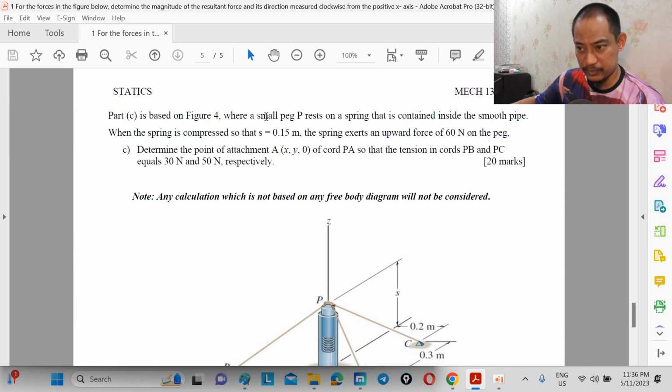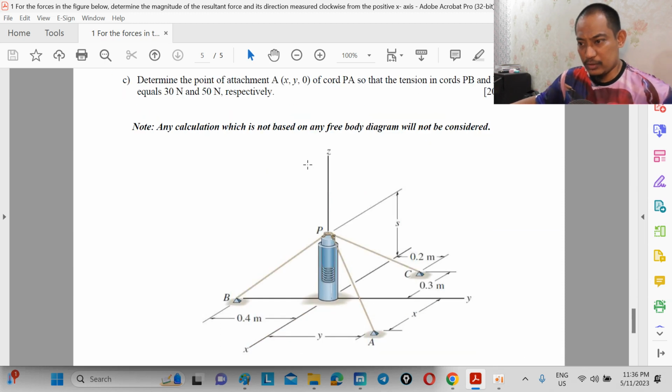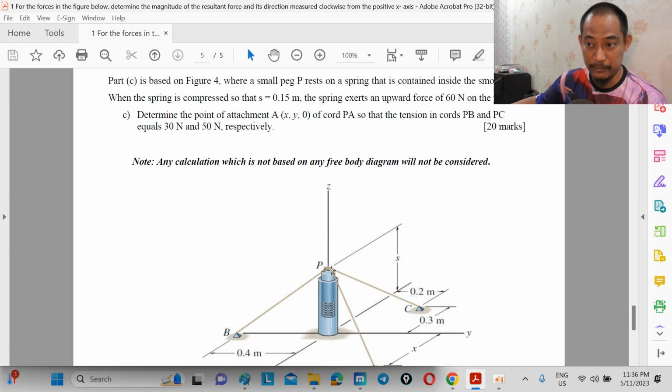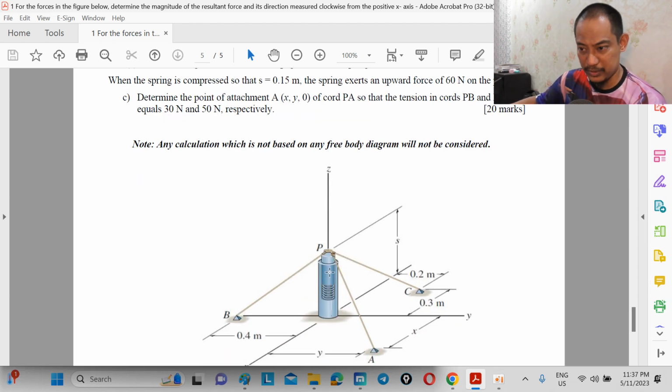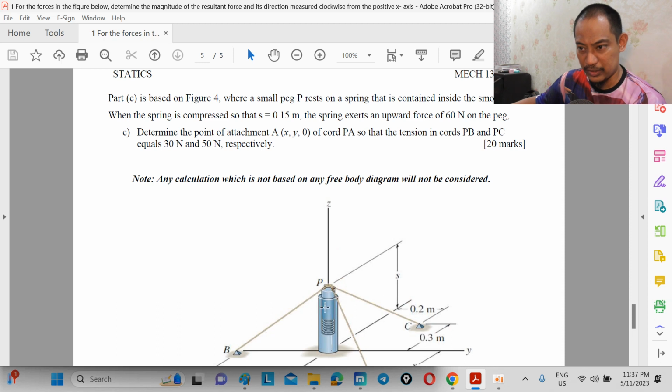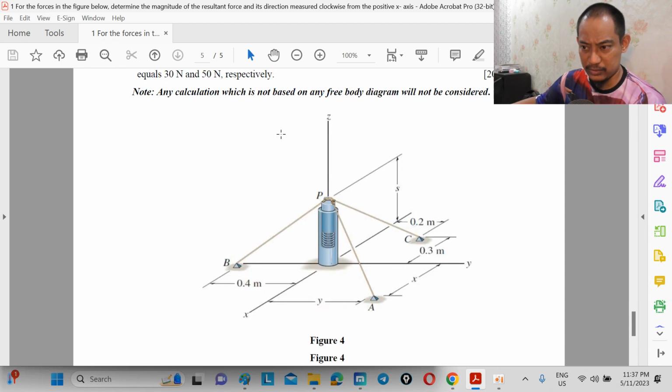Part C, based on figure 4. If you have the textbook, some of the questions you might notice are from the textbook, right? There's a ball pack, there's a spring. So this is a spring pushing up, and then you have the cable. Determine the point of attachment A, x, y.